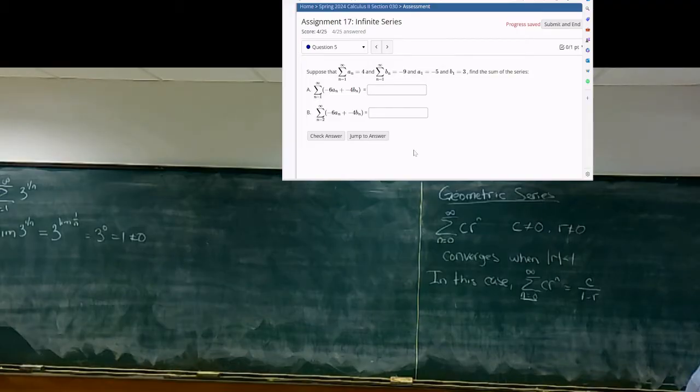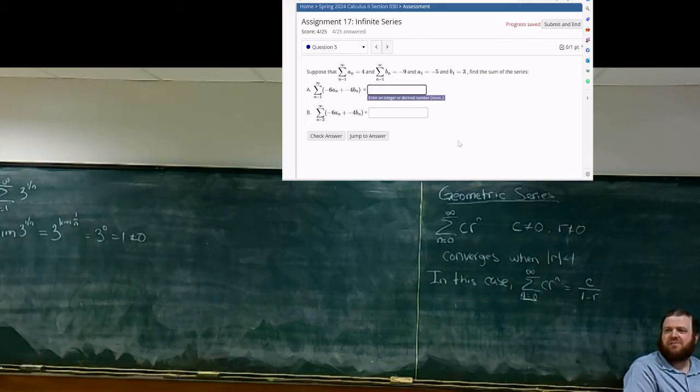Oh, finally, one about properties. Okay, so this one should be fairly simple. Summation is what's known as linear.